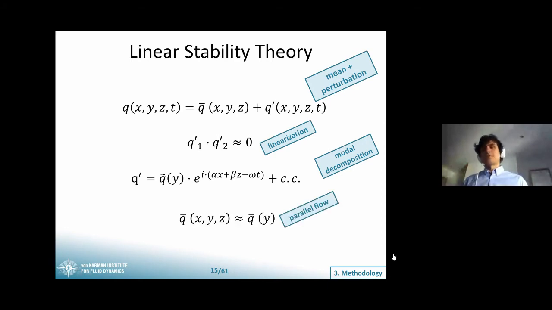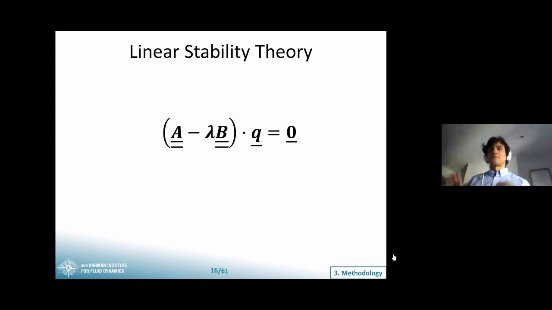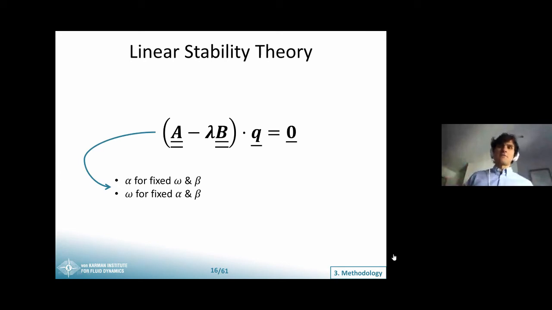And we assume the flow to be locally parallel. With all this, we manage to boil down our Navier-Stokes equations to a generalized eigenvalue problem, which we can solve either to obtain the perturbation wave number for a fixed perturbation frequency, which is what we call the spatial problem, or the perturbation frequency for a fixed perturbation wave number, which is what we call the temporal problem.